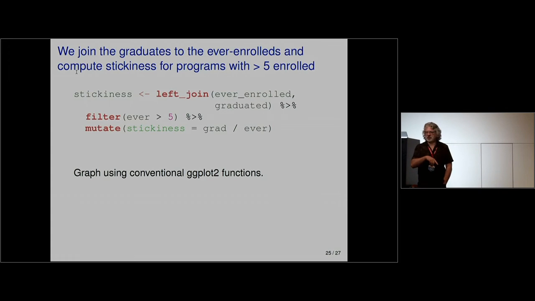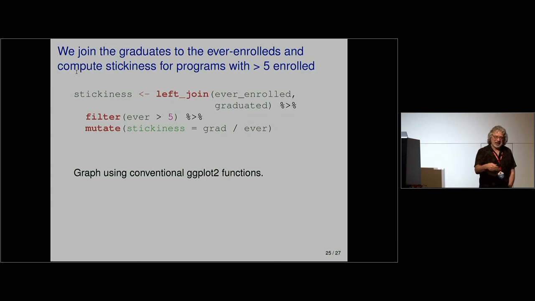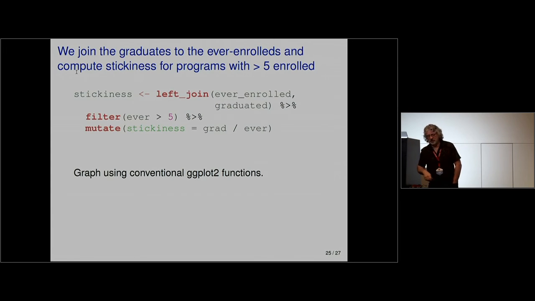Part of that is to protect confidentiality, because if a program only had one Native American student, you might actually be able to identify what student or what institution it was when you're doing the analysis. So even though the students are anonymized and the institutions are anonymized, it's been a practice of ours to pick some number, 5 to 10, and not show results when there are fewer in the population than that. And then we plot the stickiness using the conventional ggplot functions.